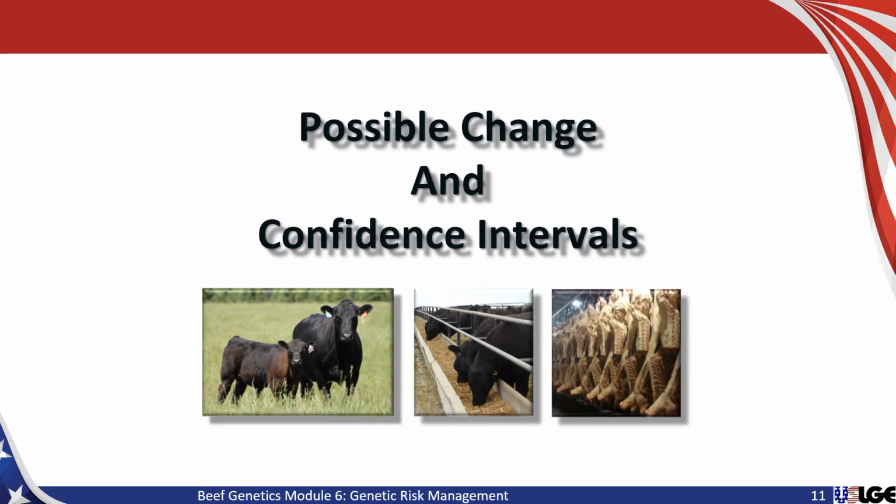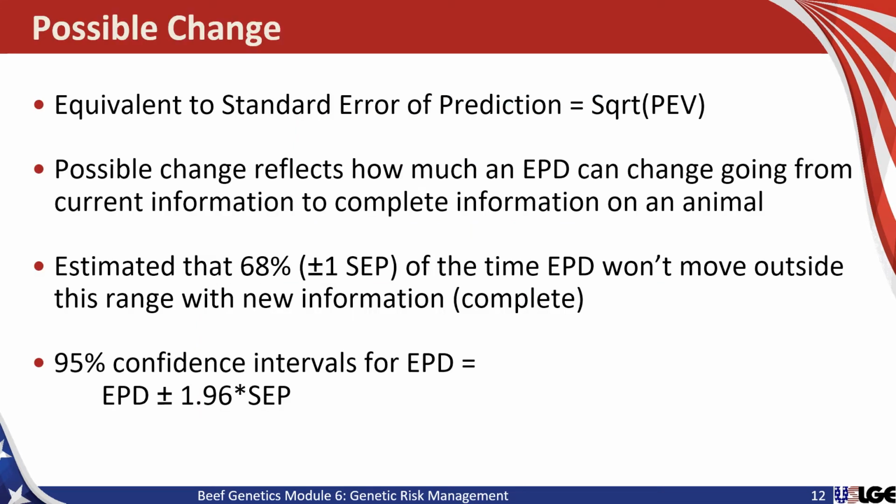Next, let's talk about possible change in confidence intervals. So one useful way to conceptualize and utilize EPD accuracies is to make a connection between the EPD accuracy and the confidence interval around an individual bull's EPD or female's EPD to give us an idea of risk. What happens if the EPD isn't exactly what we think it is, given the data that we have at hand? So possible change is simply the standard error of prediction, or the square root of prediction error variance.